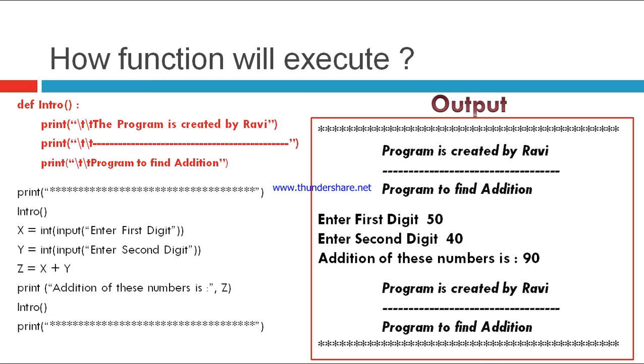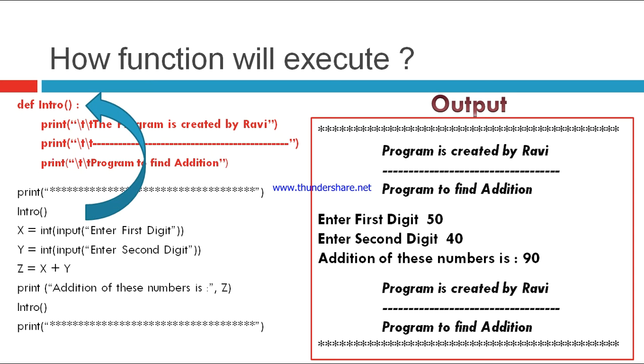Here the second line is print star star star. So it will be the first executable line, and the line will be executed on the monitor. Just see the output. The very first, this star line will be there. Now in the second line, intro, it is a calling of this function.